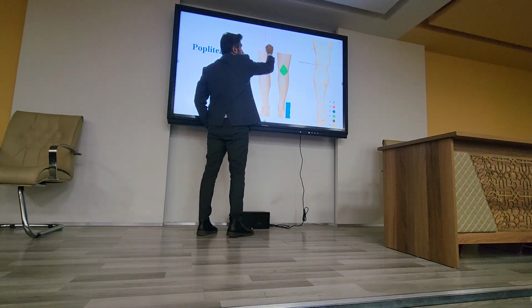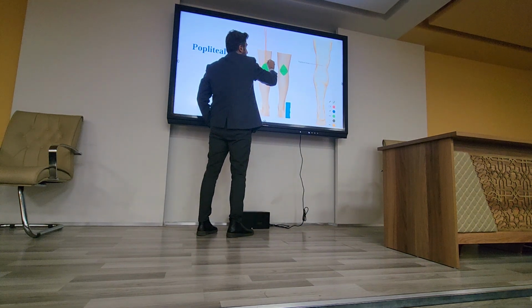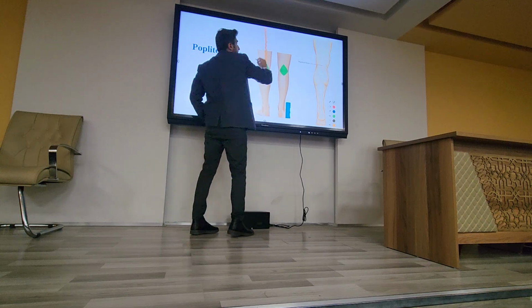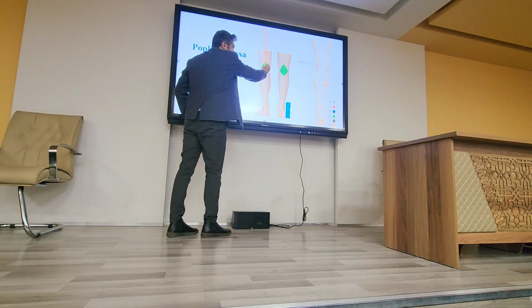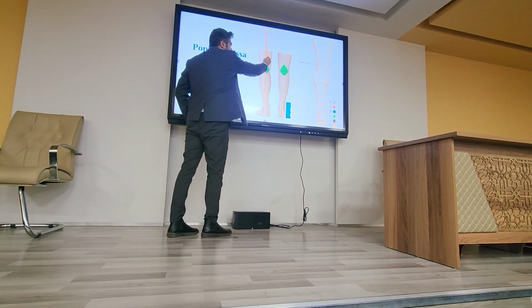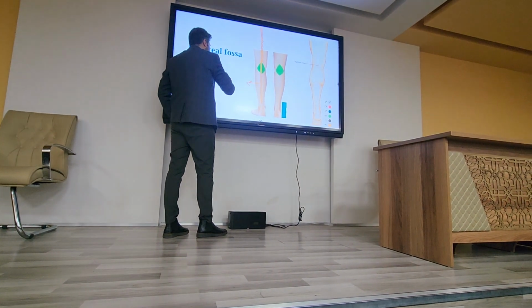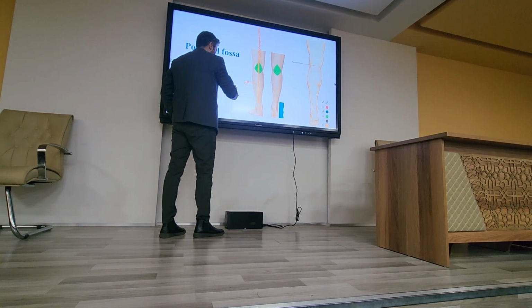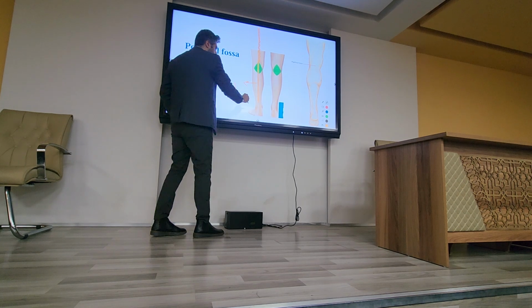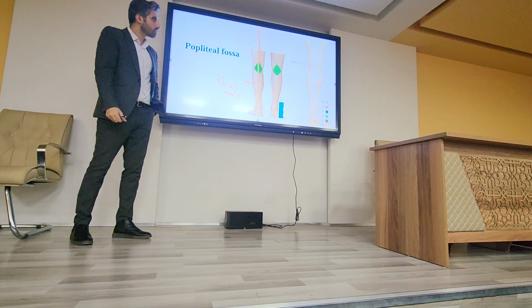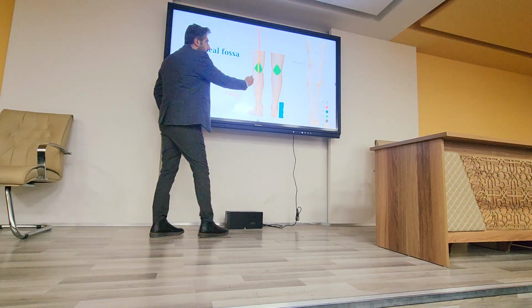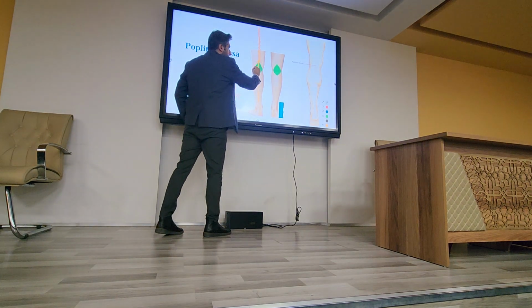The sciatic nerve here divides into two nerves. One nerve, the tibial nerve, goes along the posterior side of the leg, then goes to the foot. The other nerve, lateral, is the common fibular.